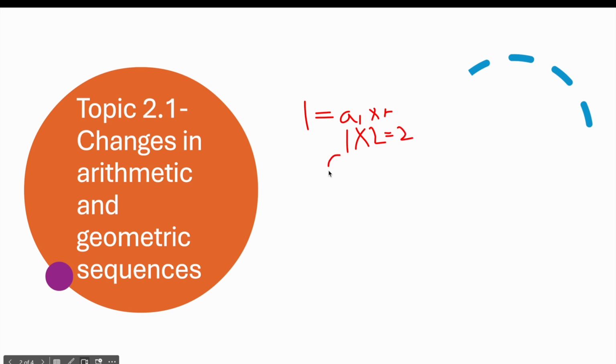So our first term A1 is 1, then 2, then it becomes 4, because 2 times 2 is equal to 4. That's where we get our 4. And that becomes 8, and so forth.